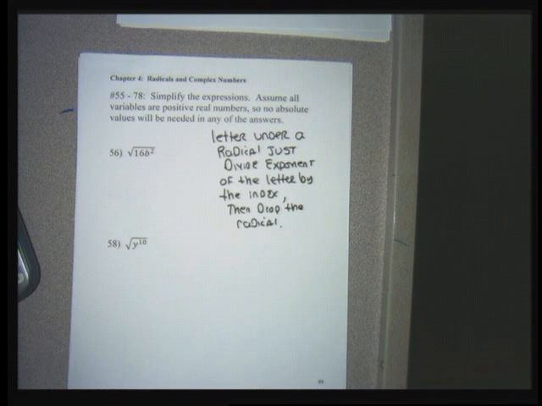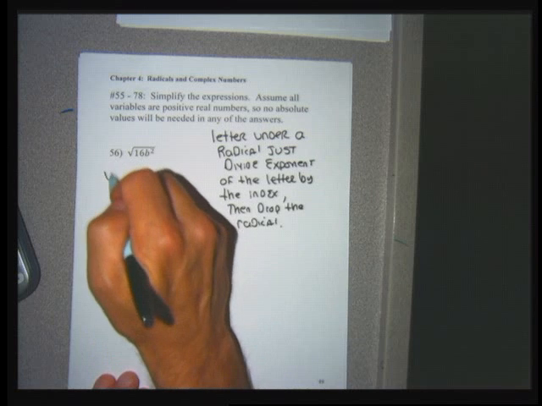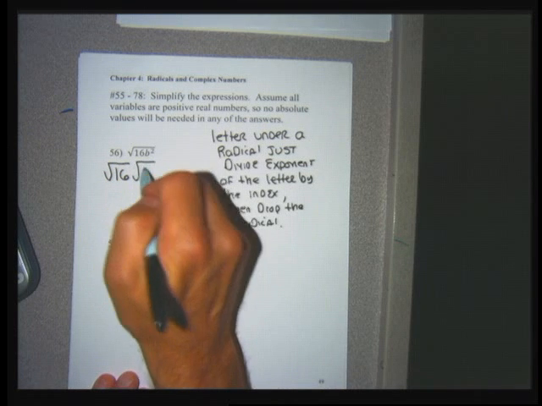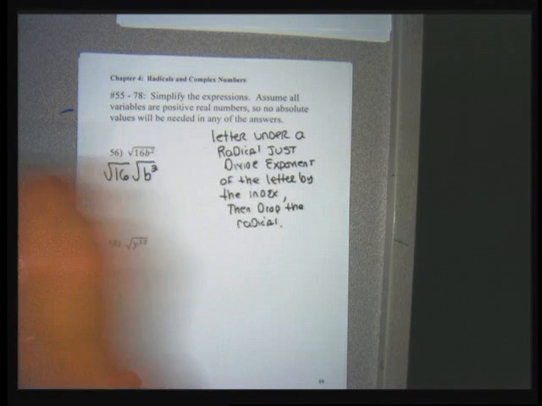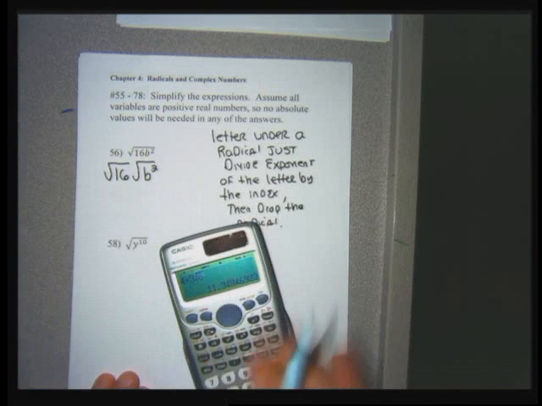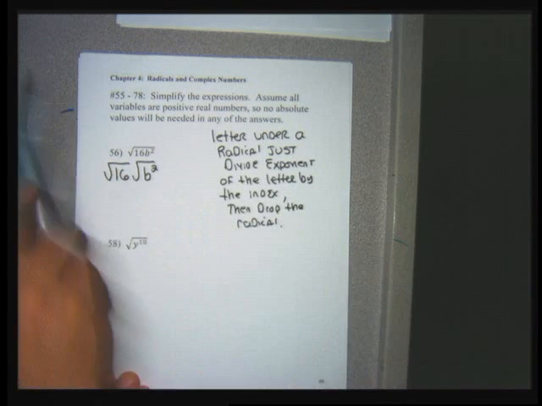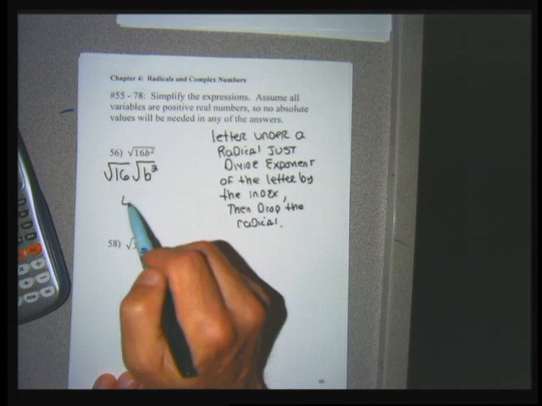For 56, I need to separately do the square root of 16 and the square root of b squared. The square root of 16 my calculator can do just fine. The square root of 16 is the number 4. When I take the square root, I drop the radical. So part of my answer to 56 is going to be 4.